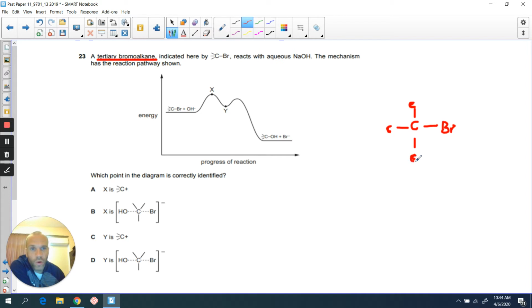Now, before we move on, you should be aware that the tertiary ones will take part in the SN1 type of reaction. That's pretty important. If I just complete the picture here, this would be CH3 there, CH3 here, and CH3 here.